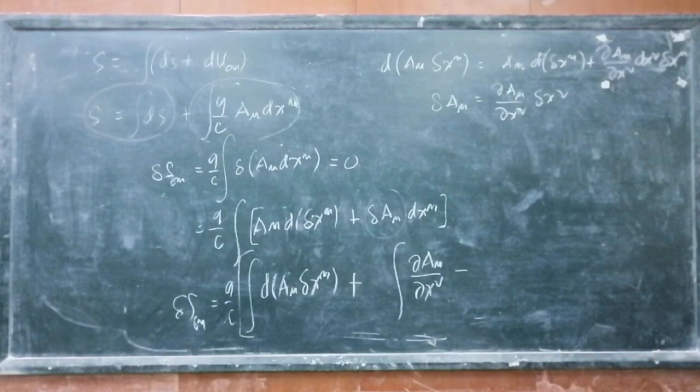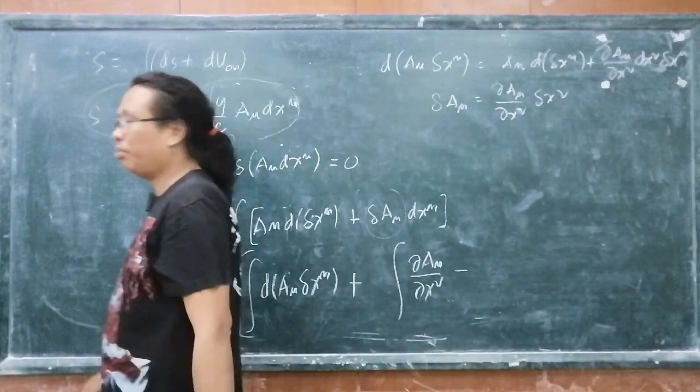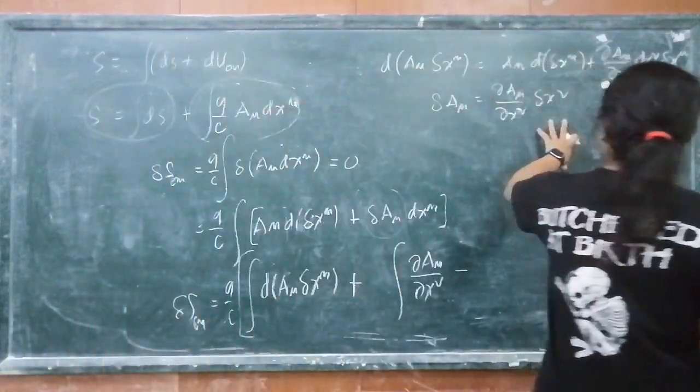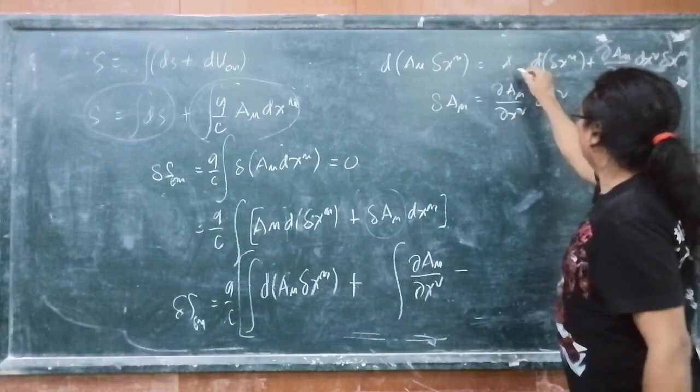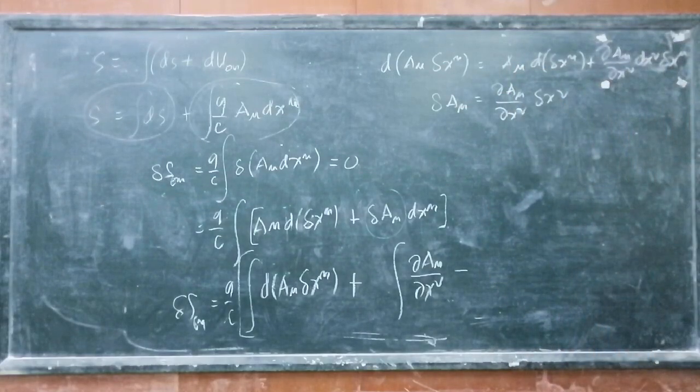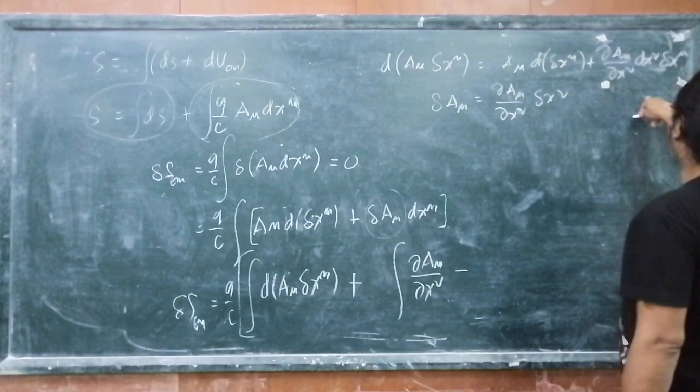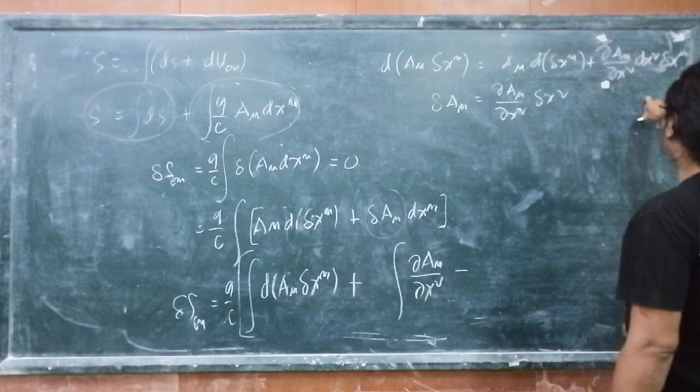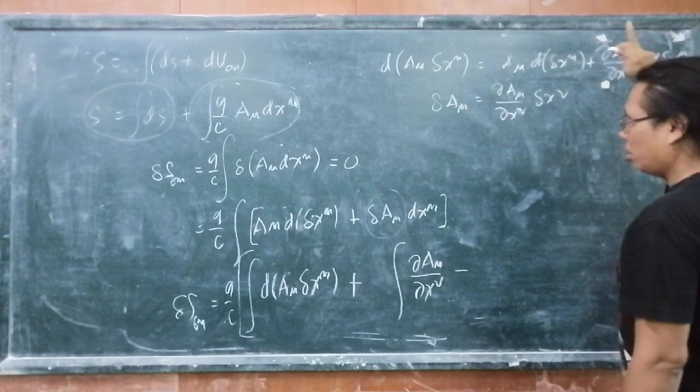Times... wait, something is wrong here. Sorry. Minus, dx partial x^nu.